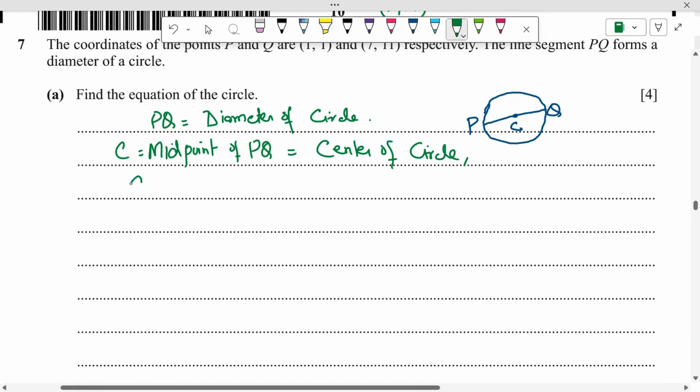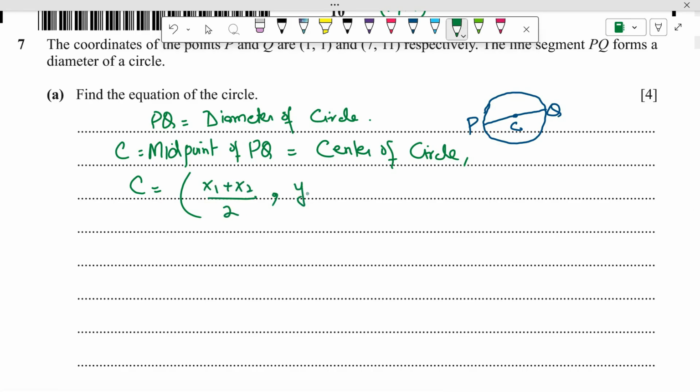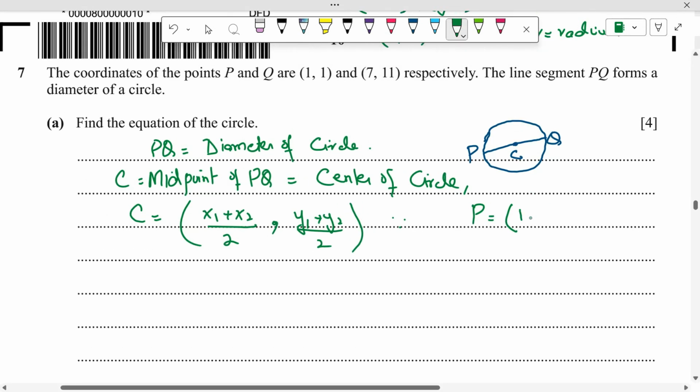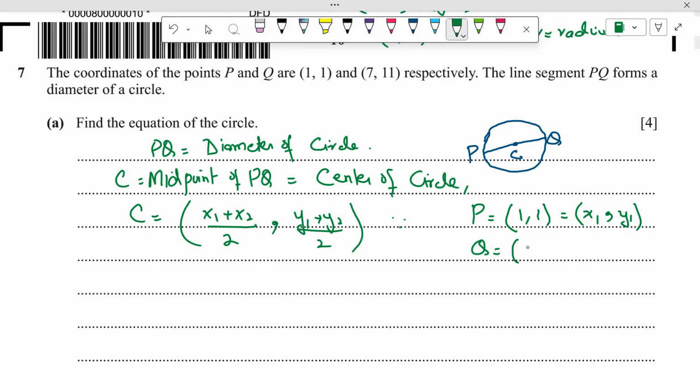So C is equal to the midpoint of PQ, which is ((x1 plus x2) over 2, (y1 plus y2) over 2). In this case, P is (1, 1), which is (x1, y1), and Q is given, which is (7, 11), and this is (x2, y2).